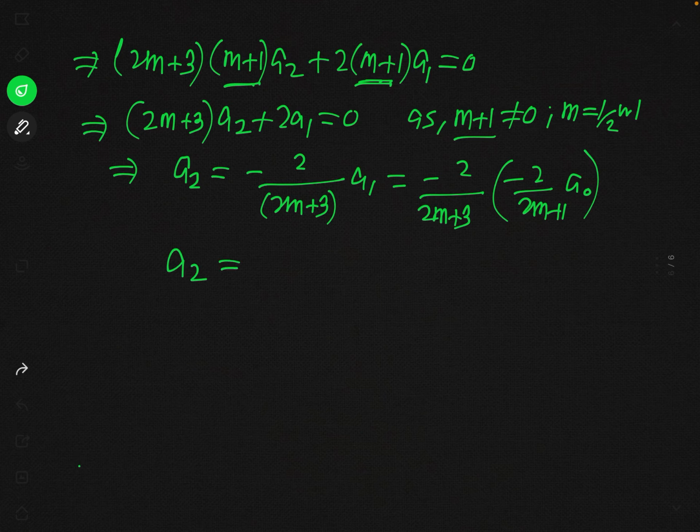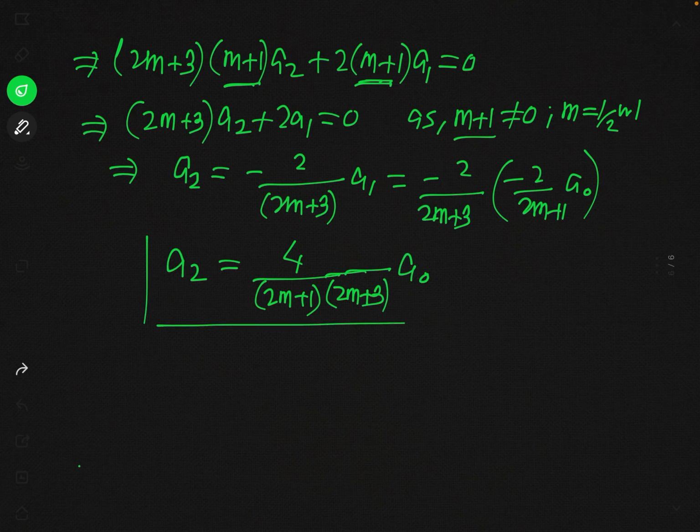Now you can see a2 will be equal to, minus minus will be plus, 4 over 2m plus 1 into 2m plus 3 into a0. So we have obtained the value of a2 in terms of a0.